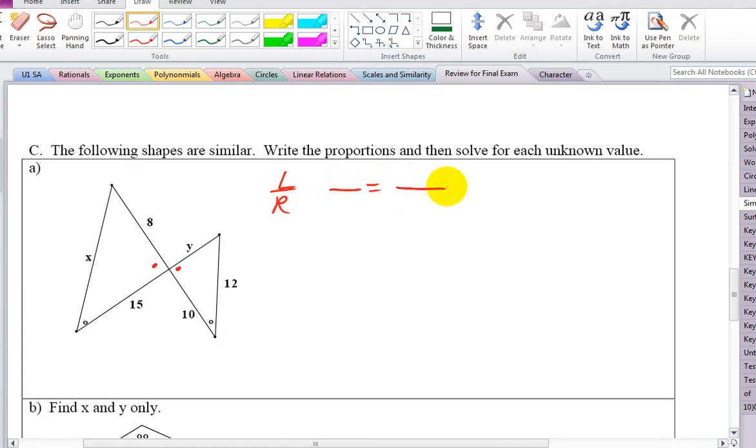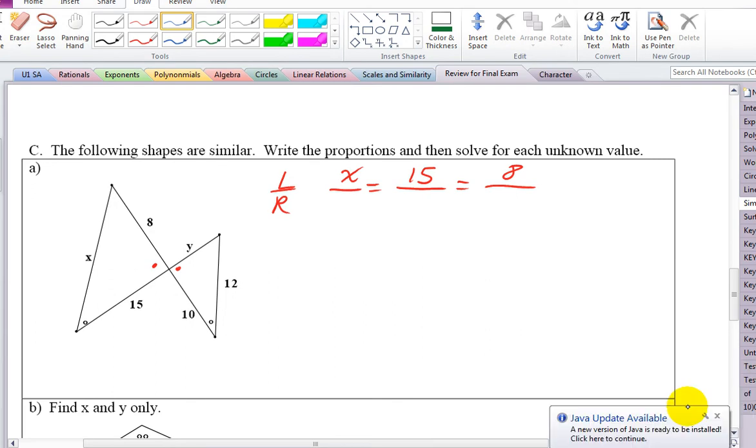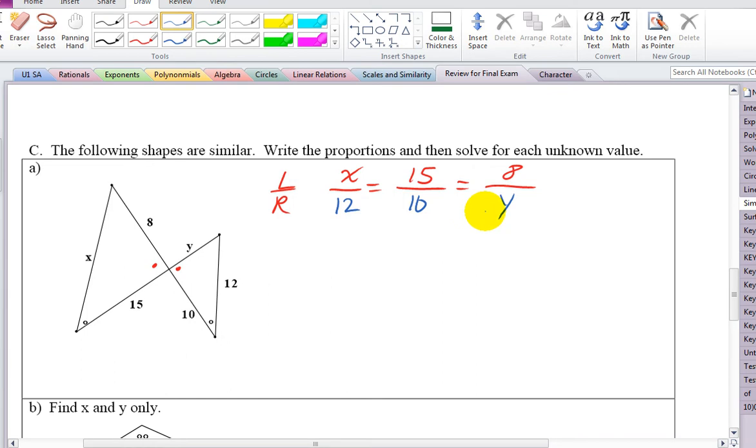So put your left triangle values on the top. X, 15, and 8. Now match up with the right triangle on the bottom. Okay, so there's the sides that match up. 12, 10, and y.